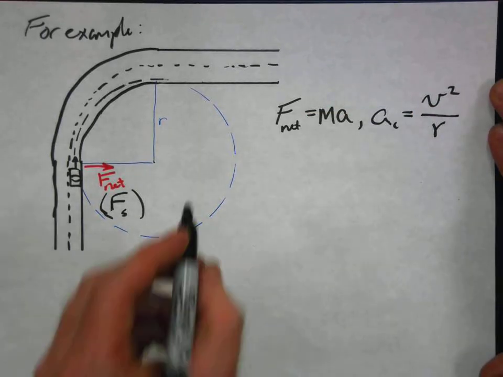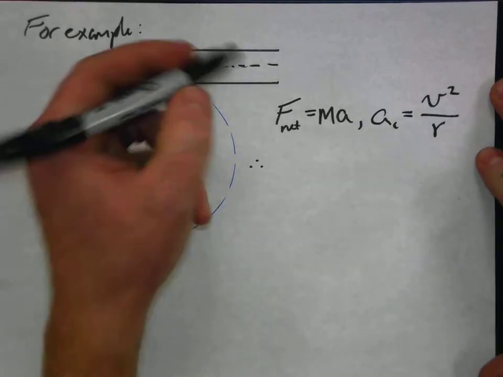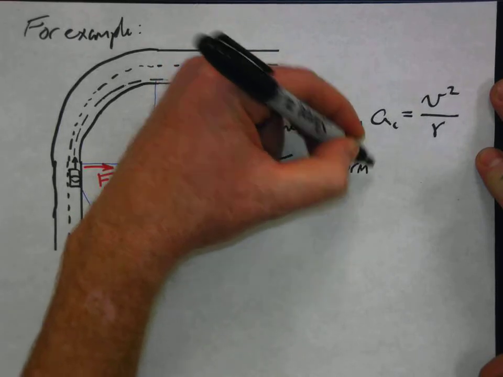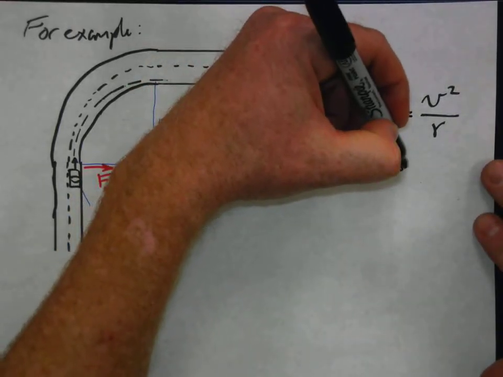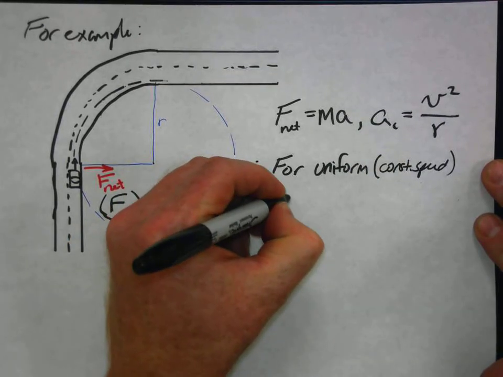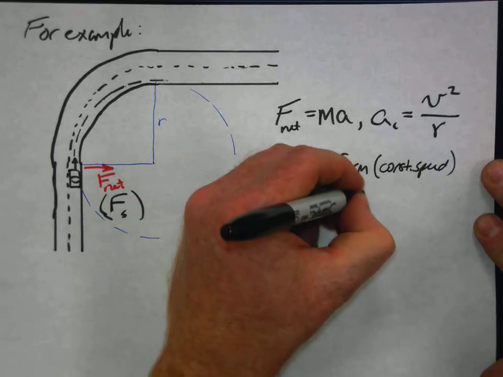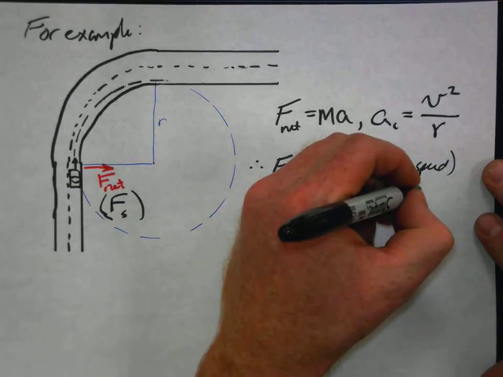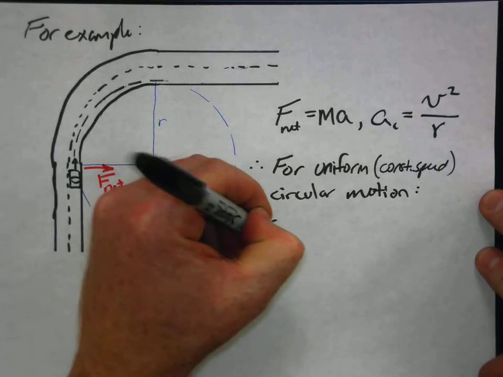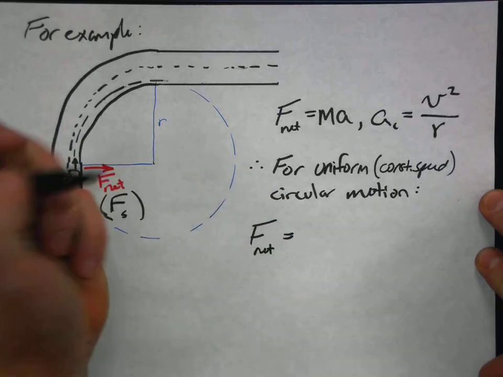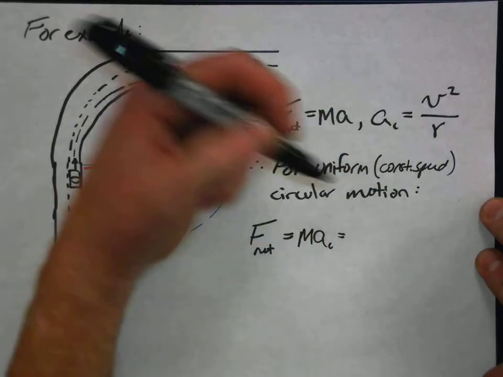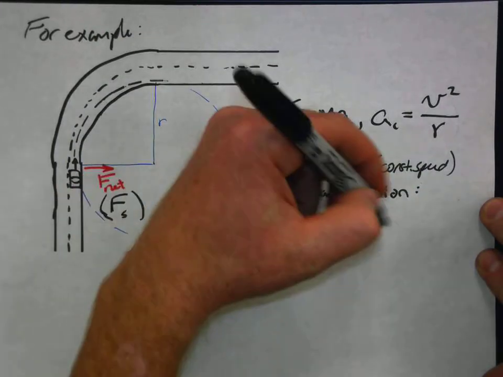And so we can put those together, so we can say, therefore, for what's called uniform, and what that means is constant speed, uniform circular motion, then the net force will be equal to the mass times the centripetal acceleration. But the centripetal acceleration is equal to this business here, so I can simply make that substitution.